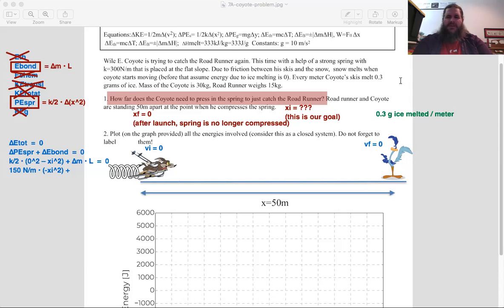What would we do with those numbers, the 0.3 grams per meter and the 50 meters? Yeah, we can multiply those. If we multiply 50 meters times 0.3 grams of ice melted per meter, what happens to the units when we multiply those?